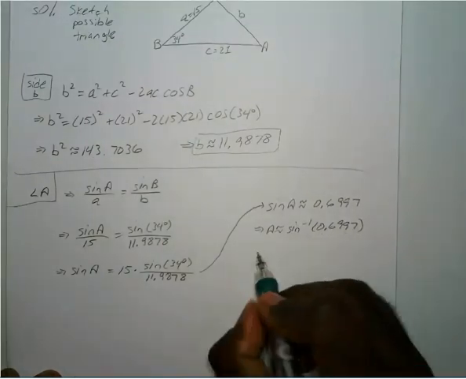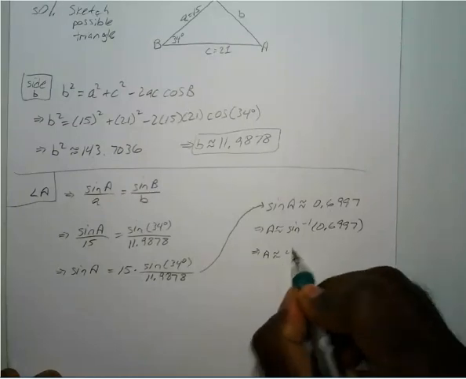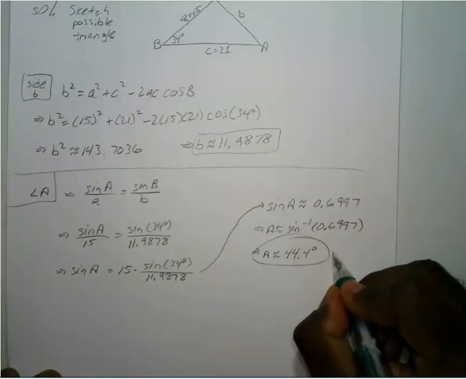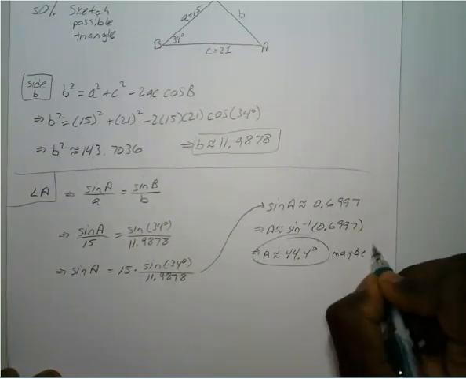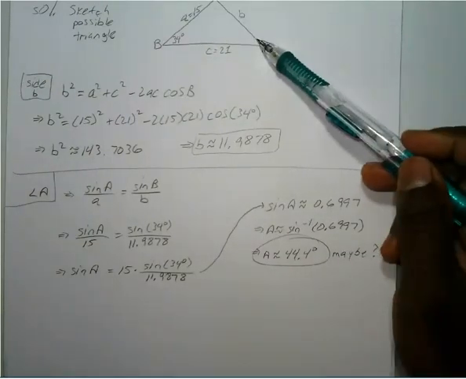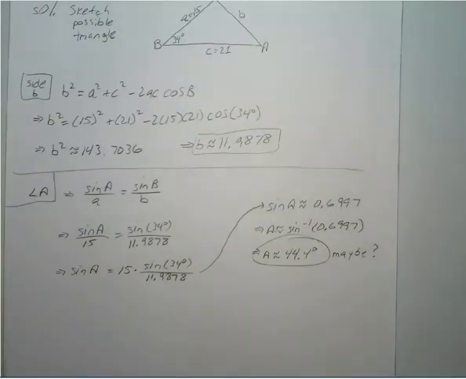And if we plug that into our calculator, that means angle A is about equal to 44.4 degrees. Maybe. Because remember, we don't know whether or not A is acute or obtuse. Well, we can figure it out because we figured out side B, but I'm going to explain why you can figure it out.